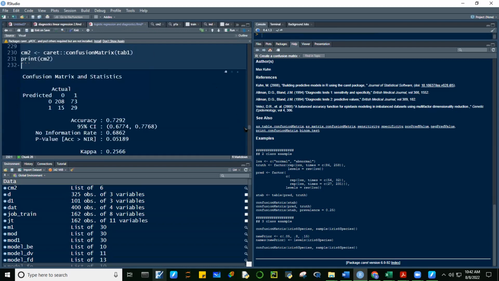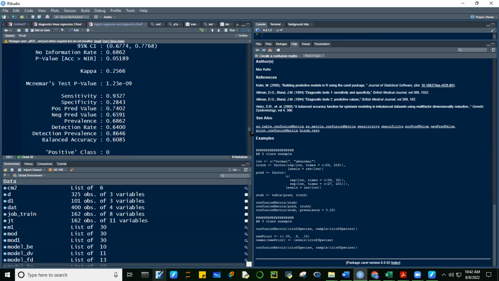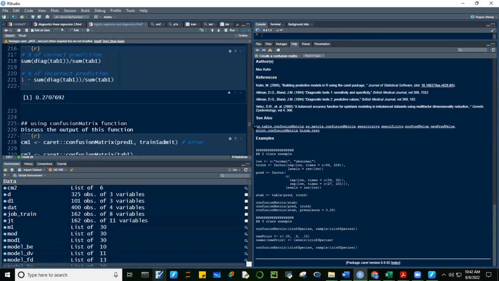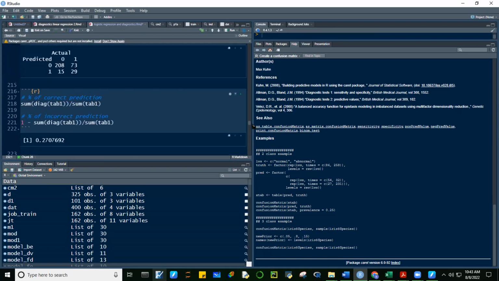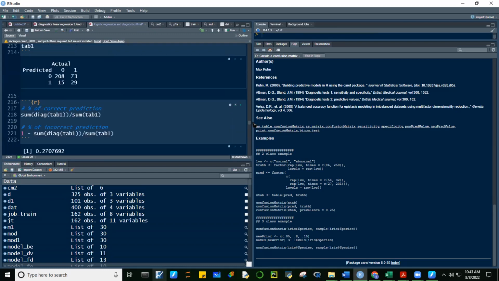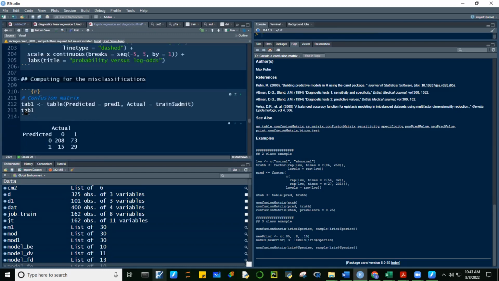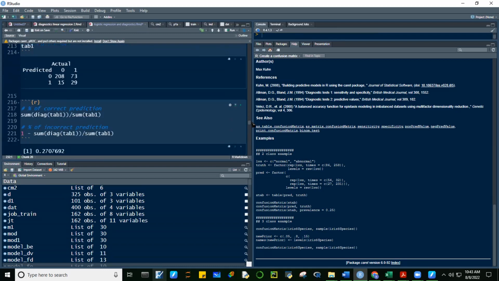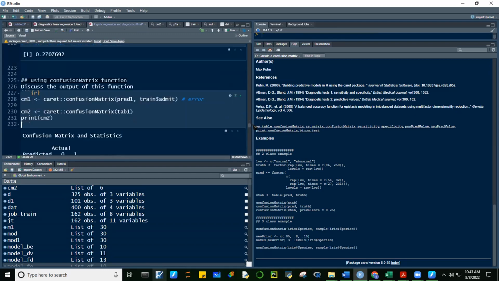Yan, okay. Alright. Medyo nagkaano tayo ng syntax dito. Okay, so ang ginawa ko, class, meron tayong table, di ba? Tab 1. It's a table of your predicted and your actual. So that's what I use here for the confusion matrix, confusion matrix of tab 1, which is a table of your predicted at saka yung actual. And then print ko si CM2.